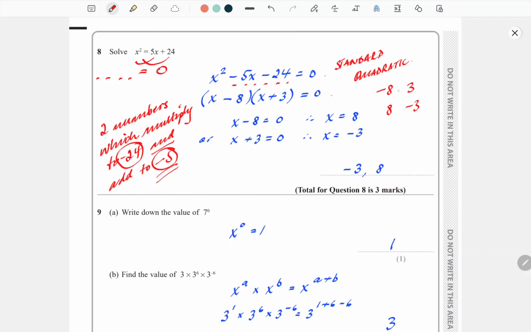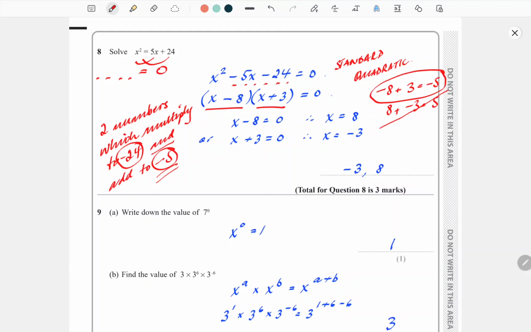But when you add them, this one gives you minus 5, that one gives you plus 5. So it's not that one. This is the combination you want. You must use the signs in both numbers to make sure you get the right combination. So we get x minus 8 times x plus 3.